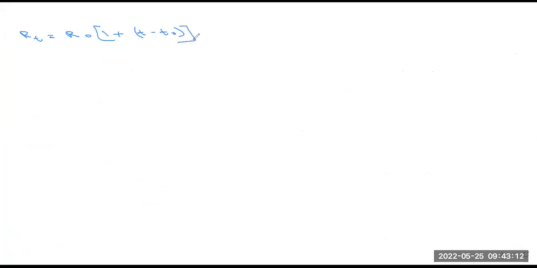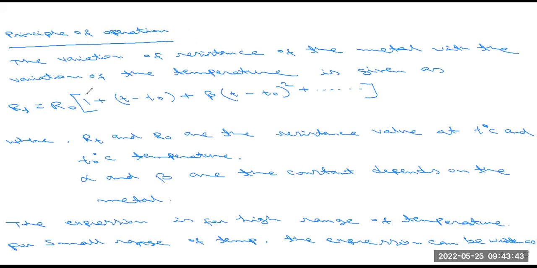So this is basically for a small change in the device, that means where the temperature changes over just a small range. I am giving you one example: 40 degrees Celsius to 80 degrees Celsius. So these are basically small ranges. In that case, you have to use this equation, RT is equal to R0 into 1 plus T minus T0. And the previous one, we have to use for a huge range, that is, a high range of temperature change. So these equations we have to use.